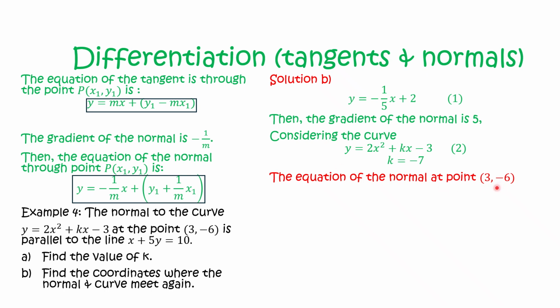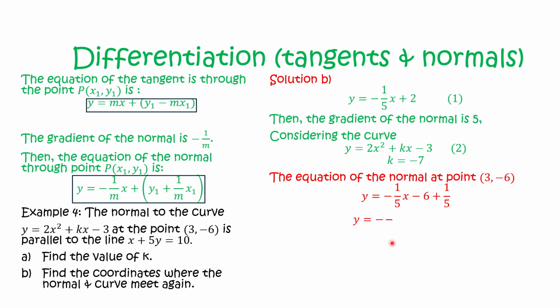For part B, the equation of the normal at the point (3, -6) was given from equation 1, and now that we have the gradient of the normal, we can substitute for the y1 and the x1 so that we get the equation of the normal passing through the point (3, -6).